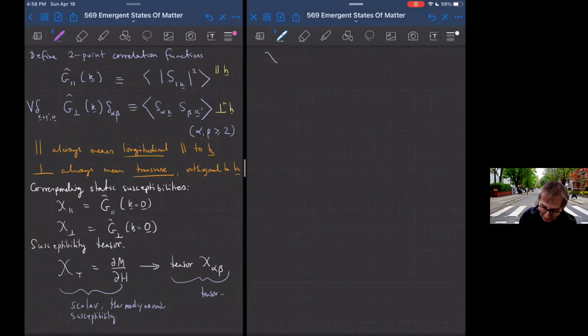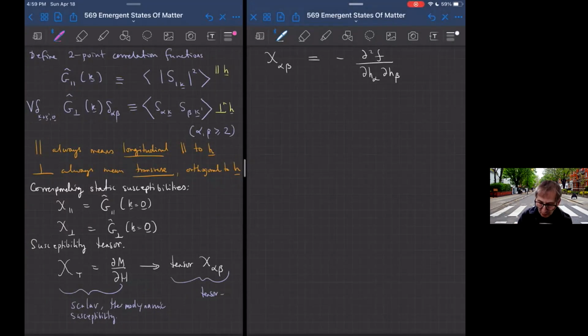So I'm going to define chi alpha beta to be minus d2f by dh alpha dh beta. Now these h's are constant fields. These aren't functional derivatives. These are partial derivatives. So we're just talking about the thermodynamic free energy here.